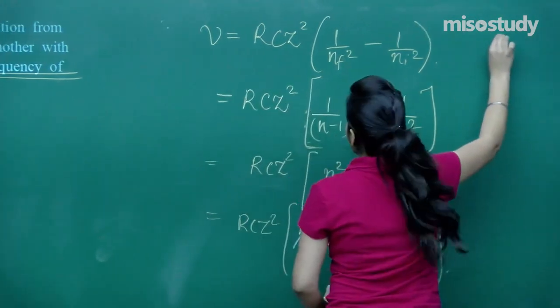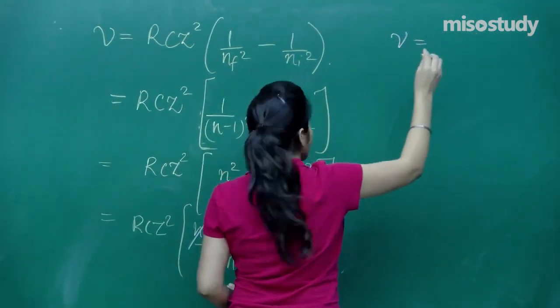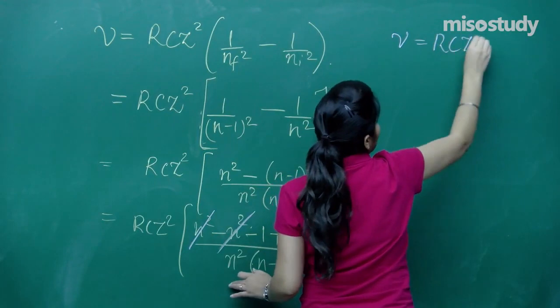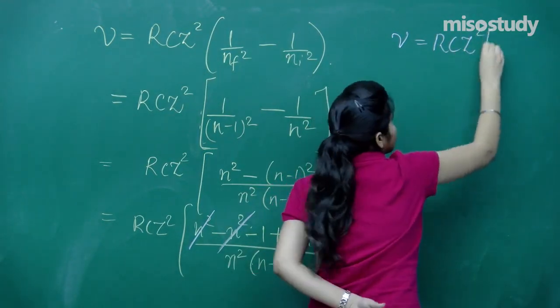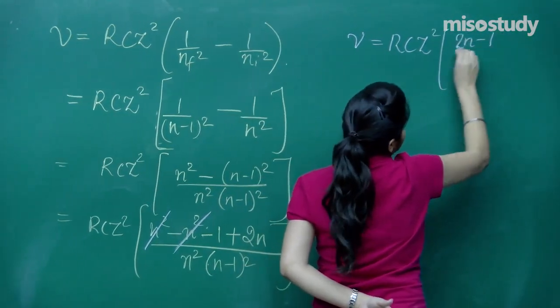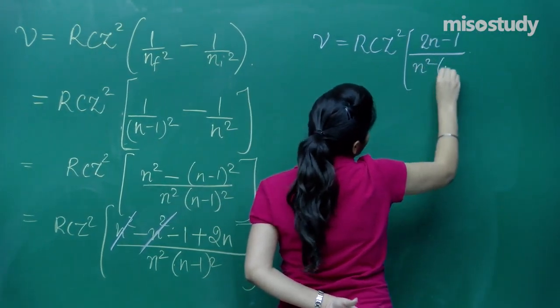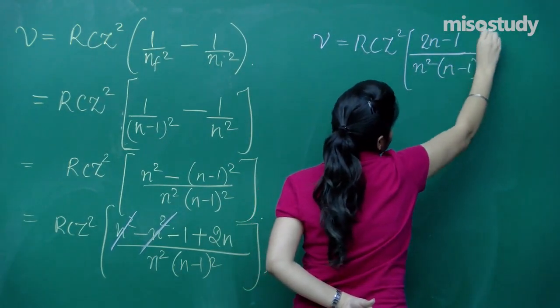So I will write it as nu, that means frequency, equals RC(Z) square into (2n minus 1) divided by n square into (n minus 1) whole square.